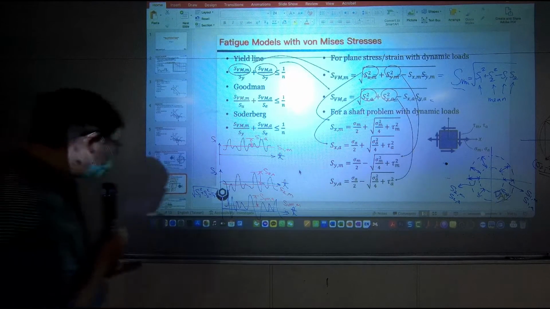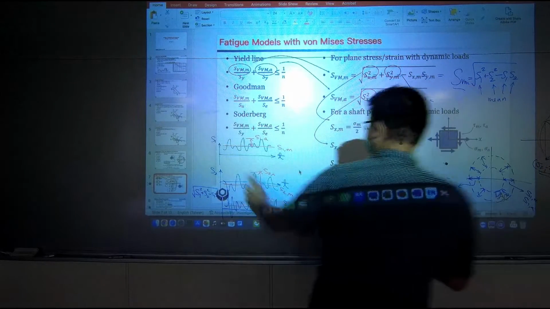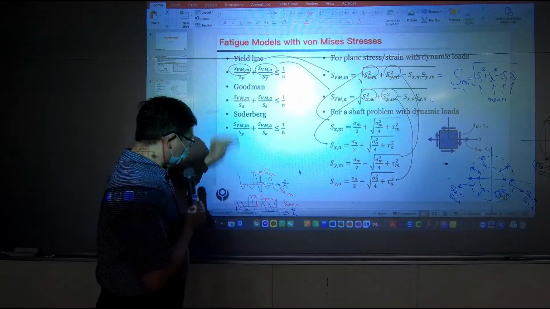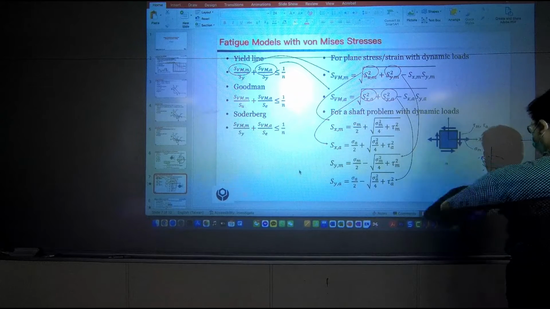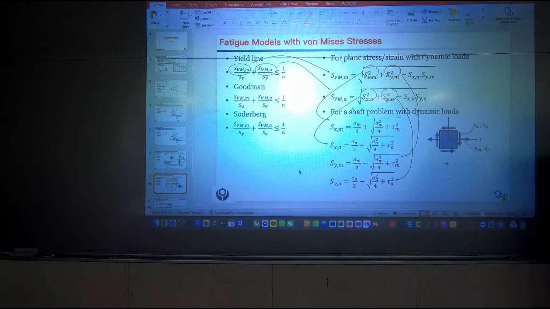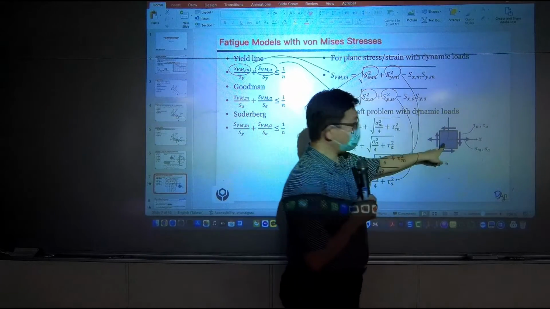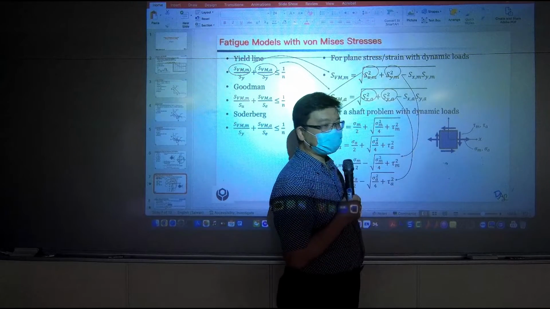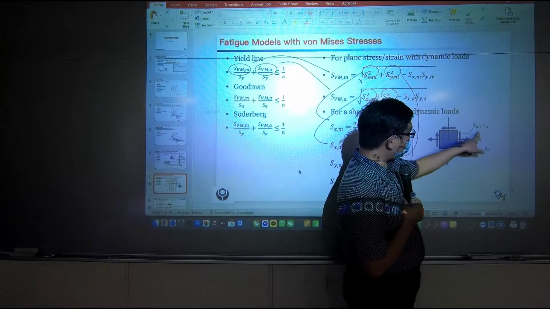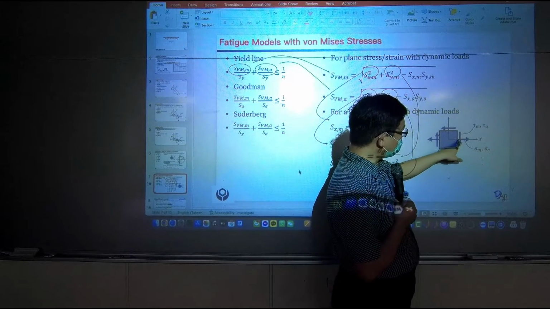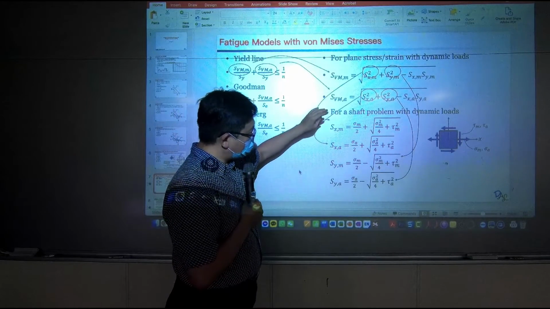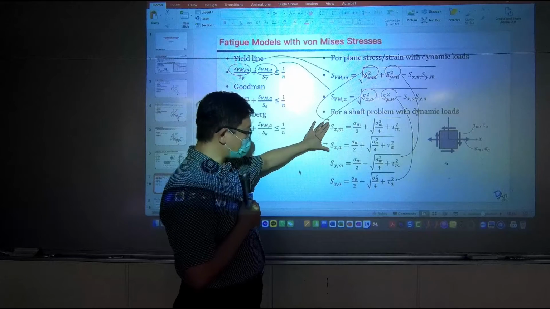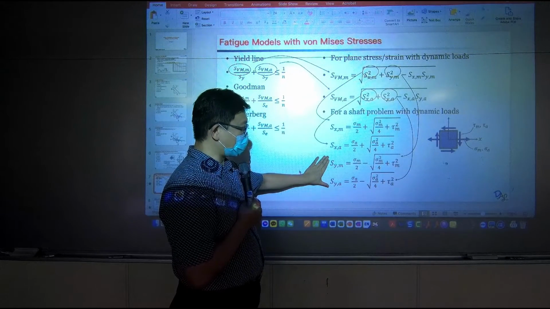Okay, let me clean up some of the notes that I'm using here. For solving problems, just solve like this. If I give you a load diagram like this, and I tell you the mean value and amplitude of the normal stresses and the shear stresses, you can use them to calculate the mean and amplitude of the first principal stress and the second principal stress.